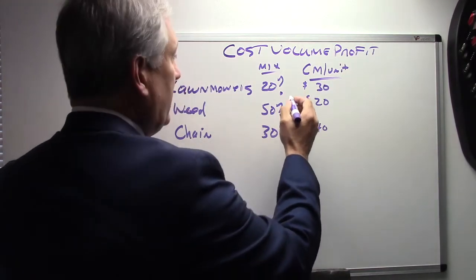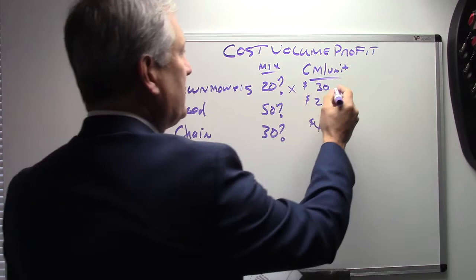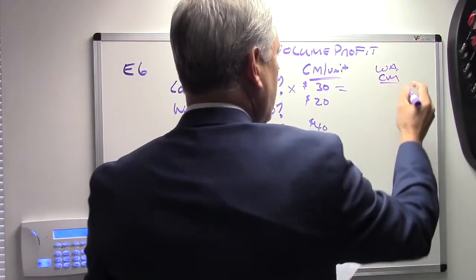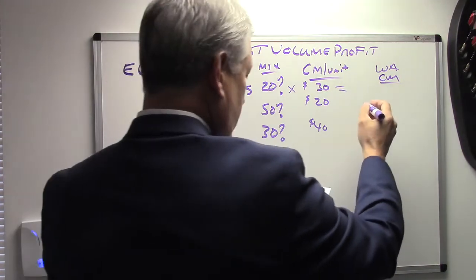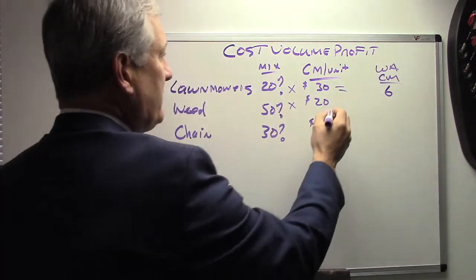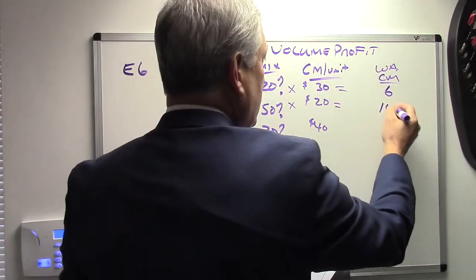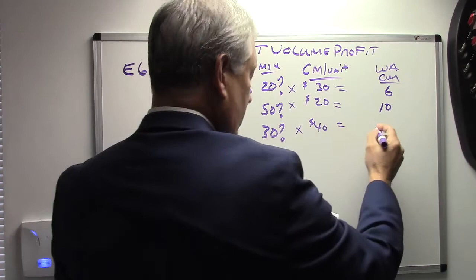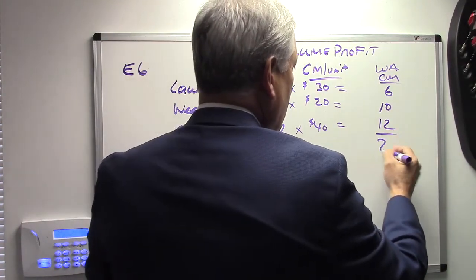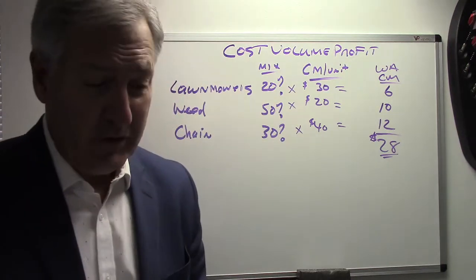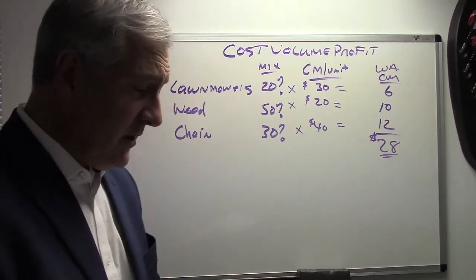We're going to take the 20% times $30. The weighted average contribution margin is going to be $6. And again, 50% times $20, that's going to be $10. And then the 30%, that's going to be $12. So the weighted average contribution margin per unit is $28.